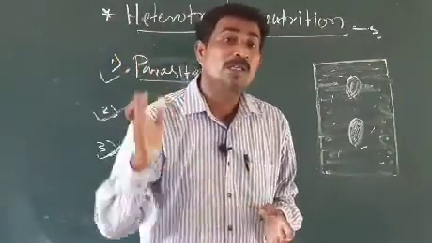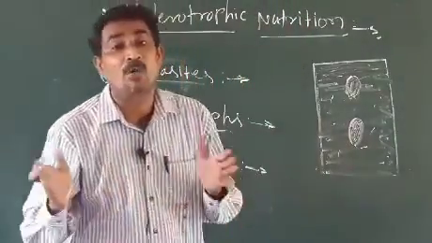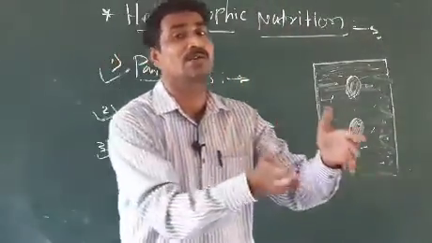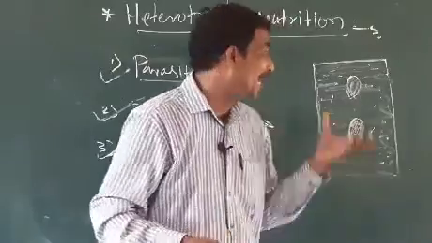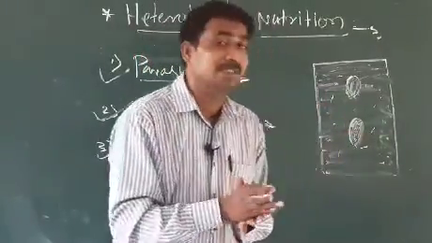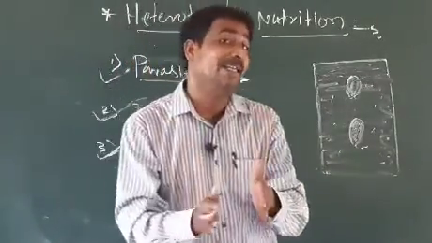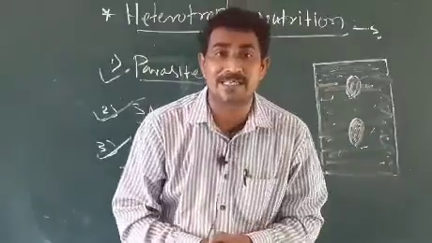So we want to see how the energy flows from one organism to another. In heterotrophic nutrition we observed three categories for plants, and animals also have three categories.